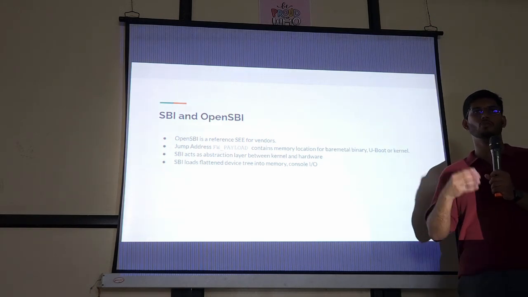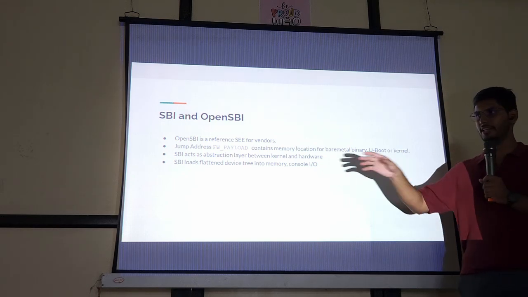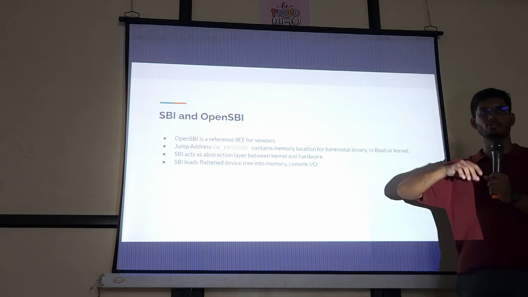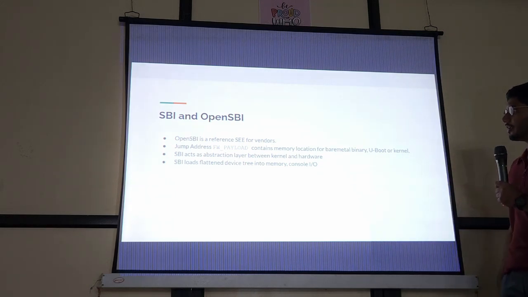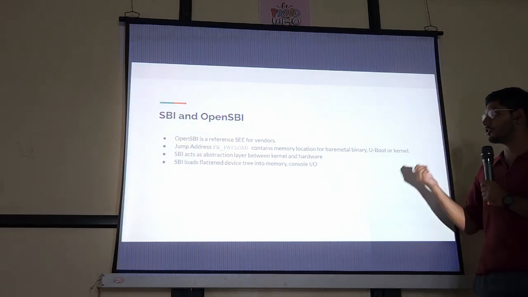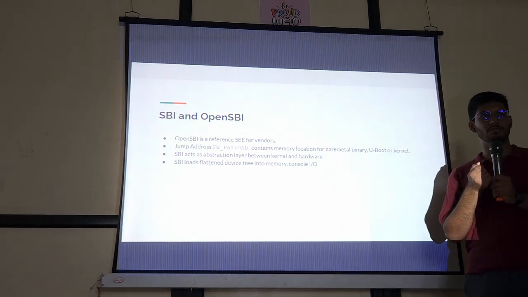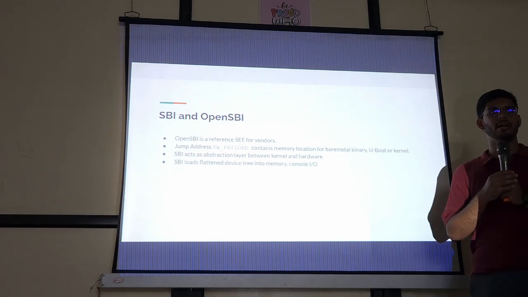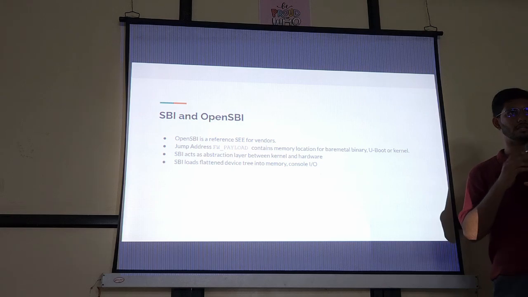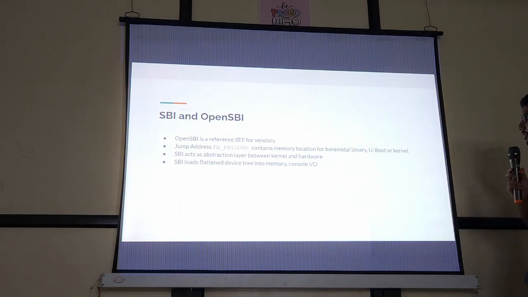For example, there is also Oreboot, another SBI which is helpful in creating that supervisor environment. It acts as an abstraction layer between the kernel and hardware, and it also supports the addition of device trees to help you output to the console, the serial console by UART.